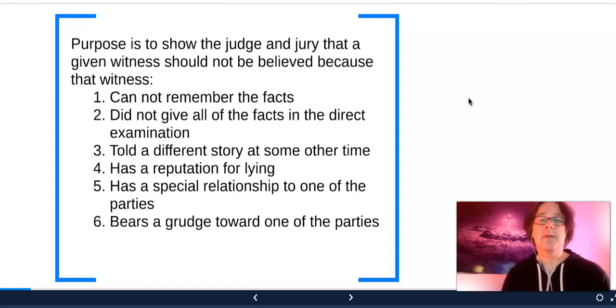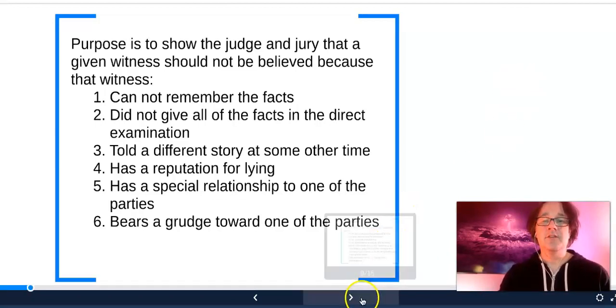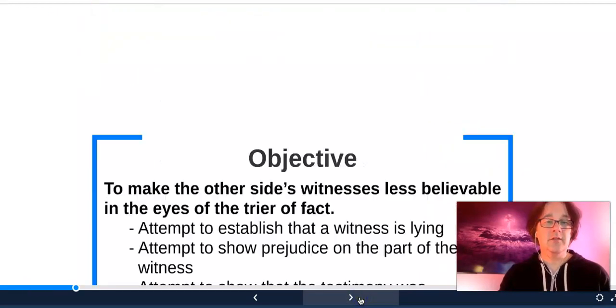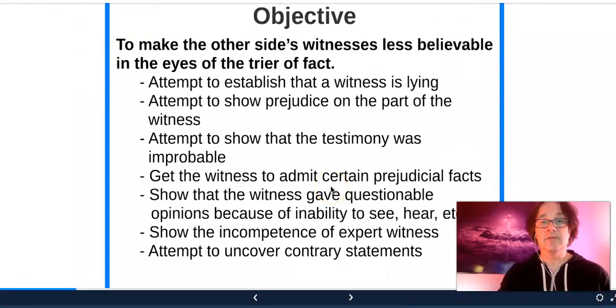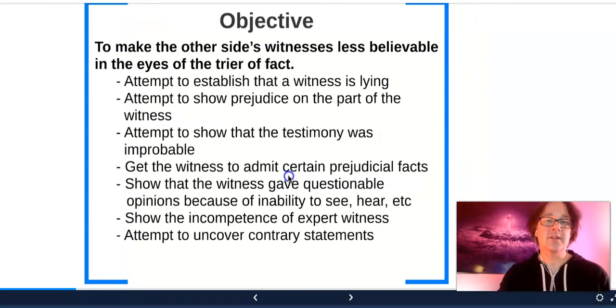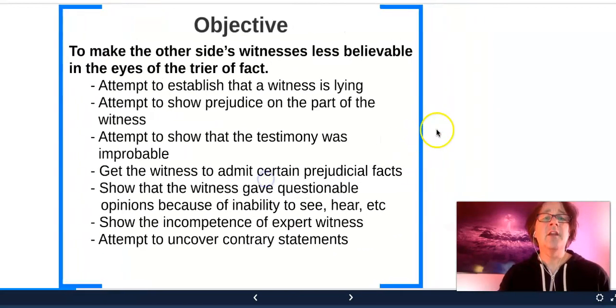Or six, maybe this witness shouldn't be believed because they bear a grudge towards one of the parties. Maybe there was some history there, and that they're testifying against this person out of revenge or out of spite, right?